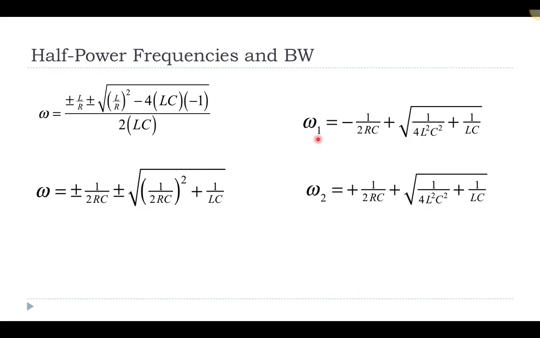And so I find that the lower half power frequency is just equal to negative 1 over twice the resistance times the capacitance plus the square root of 1 over 4 R squared C squared plus 1 over LC. And then the upper half power frequency looks very similar, except for the fact that it's a positive up front.